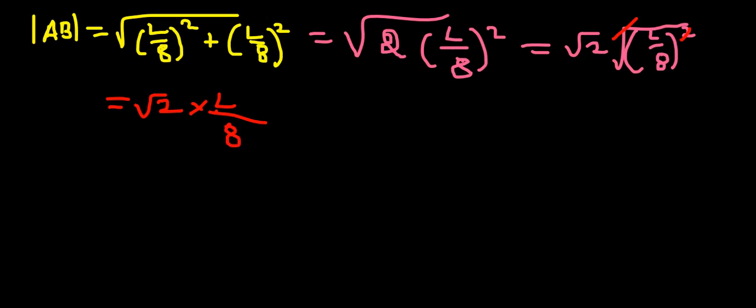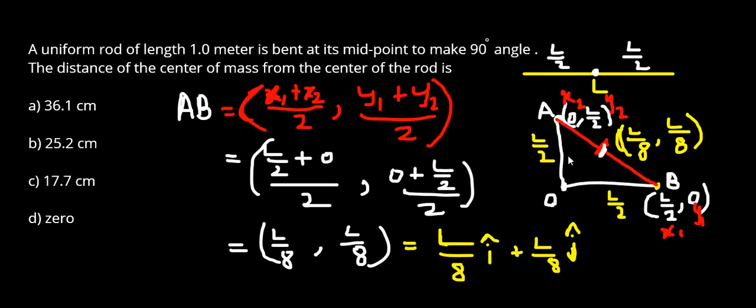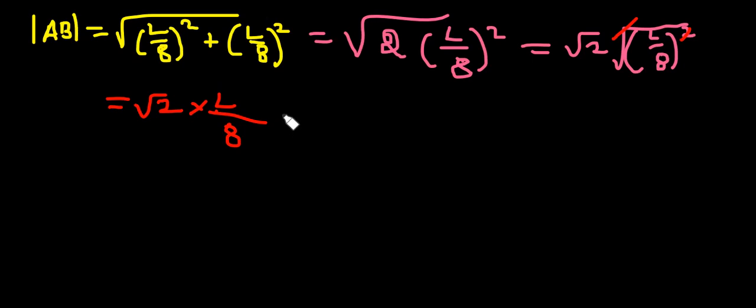So in the given question, the length of the rod we measured as L, so the length of the rod is going to be 1 meter. So in L we have to substitute 1. So root 2 can be written as 1.414, the root 2 value is a constant, into 1 by 8 is going to be written here.